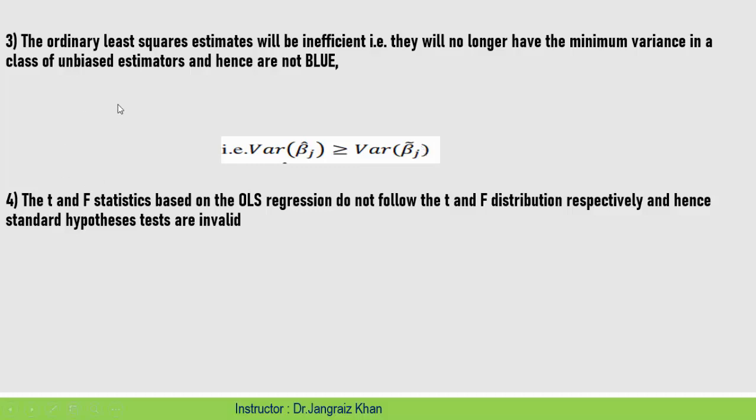Traditionally, the variance of the OLS estimate should be less. But if there is heteroskedasticity in the model, it will be greater than the variance of the estimate calculated through some other econometric technique, which is the violation of the assumption.